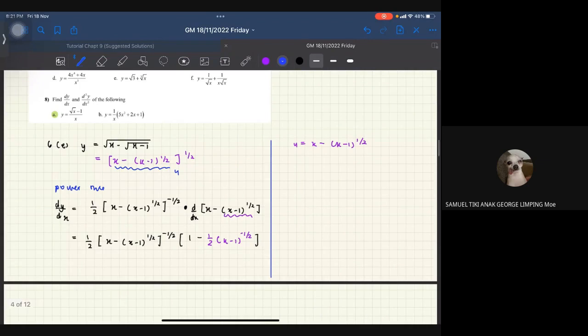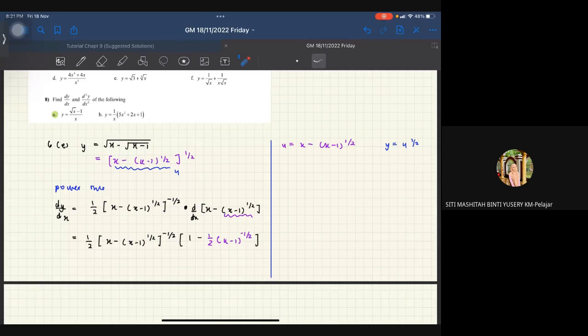What is my y right now? U to the power of 1/2. Yes, exactly. So saya dapatlah y equals to u to the power of 1/2. Okay, so you need to make sure y awak ni dia mestilah everything in variable u. Tak boleh ada u dan juga x. Okay, so itu adalah satu tips untuk kita gunakan chain rule lah.